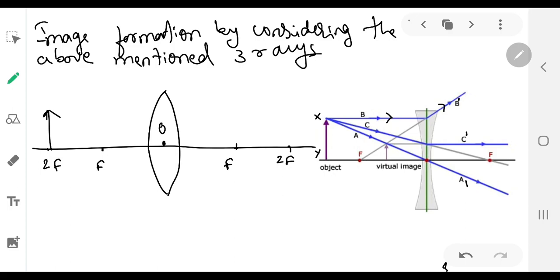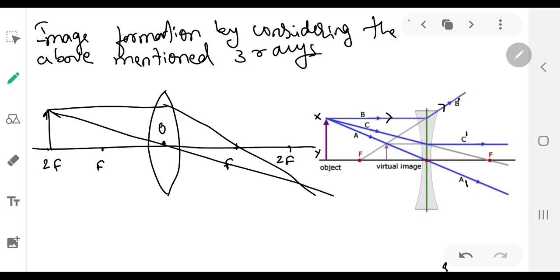For the image formation, the first ray that you can consider is parallel to the principal axis. After refraction it passes through the principal focus. The second ray that you can consider is the ray passing through the optic center, which passes undeviated.